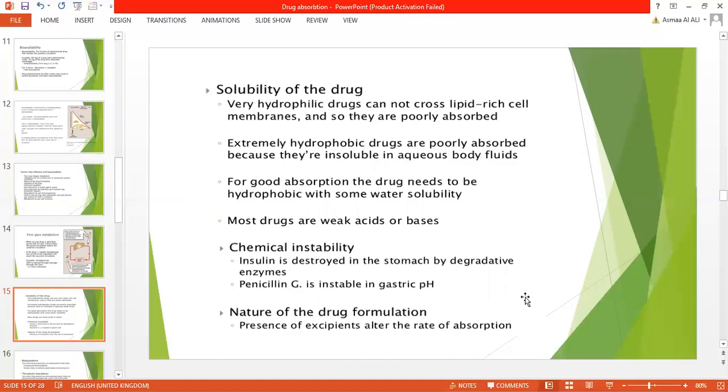For example, particle size, salt form, crystal polymorphism, enteric coating, and the presence of excipients such as binders and dispersing agents can influence the ease of dissolution and therefore alter the rate of absorption.